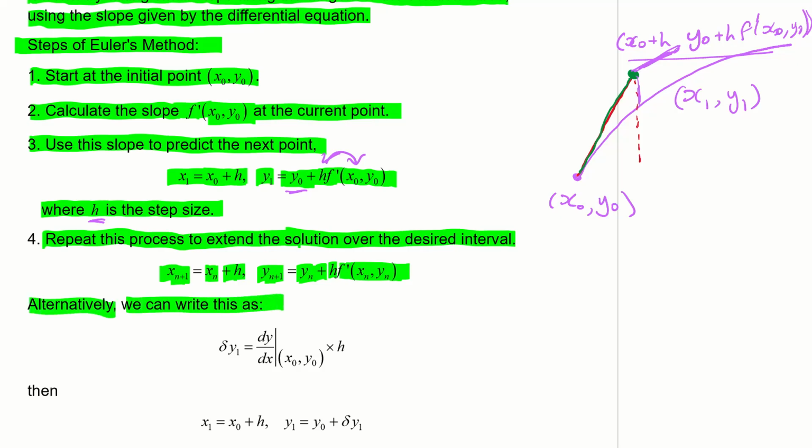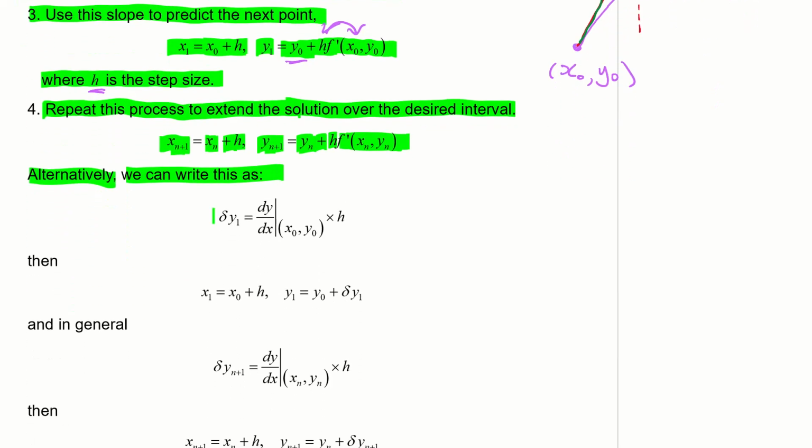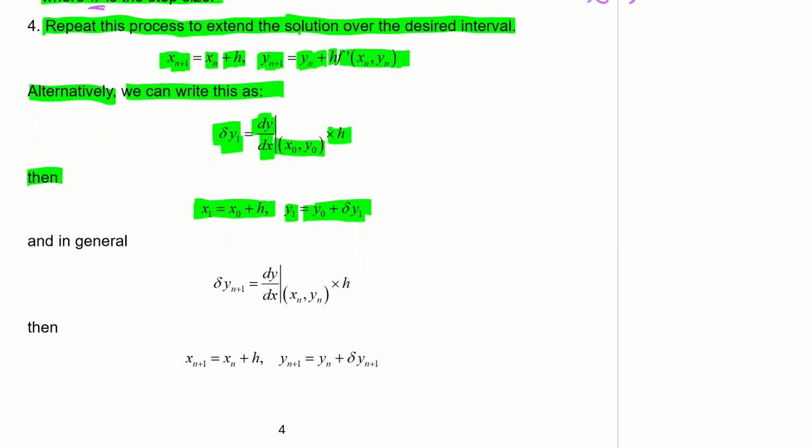Alternatively, we can write this as delta y1, the change in y, is dy/dx evaluated at x0, y0 times h, and then, as before, x1 is x0 plus h, h being the step length that we go in the x direction, and y1 is y0 plus delta y1.